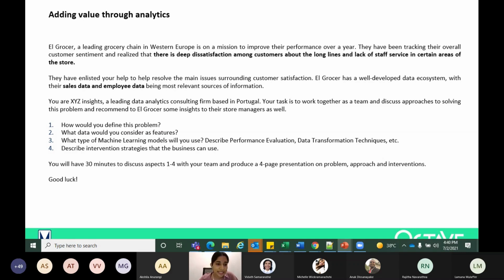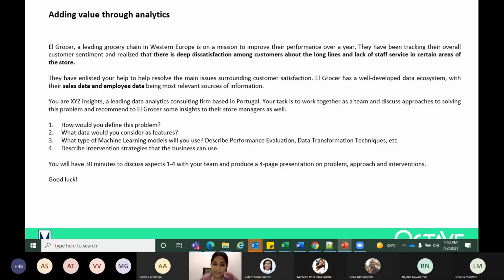Okay, now with this data, UIXY Insights, a leading data analytics consulting firm based in Portugal, hypothetically. Your task is to work together as a team and discuss approaches to solving this problem and recommend insights to El Gracia's store managers as well. Now you guys will have to team up, and you'll be working as data scientists here, and you have to come up with an advanced analytics solution to address this problem they are facing.